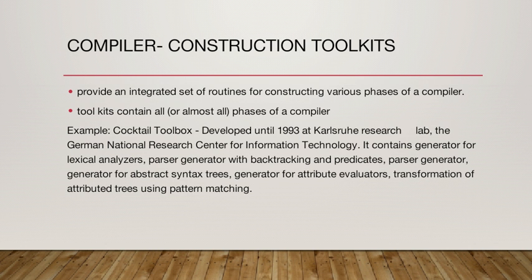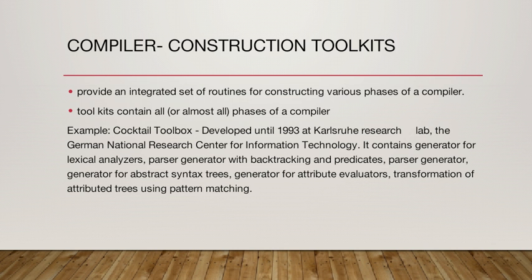Compiler construction toolkits. It provides an integrated set of routines for constructing various phases of a compiler. A toolkit contains all or almost all phases of a compiler. A good example of a compiler construction toolkit is the Cocktail toolbox.